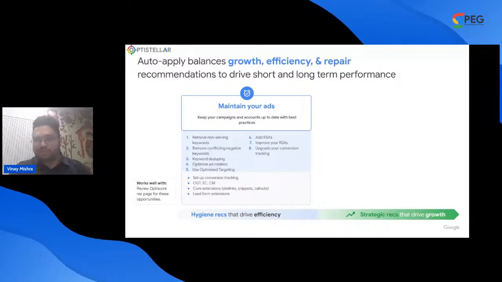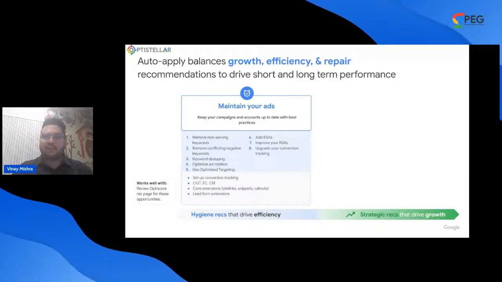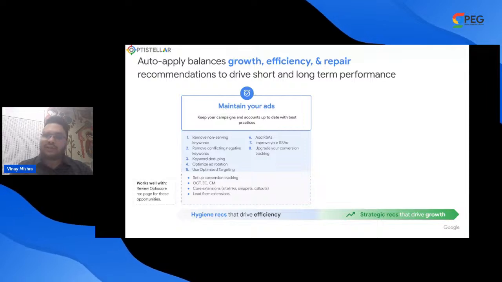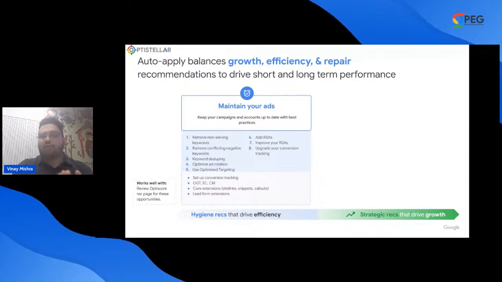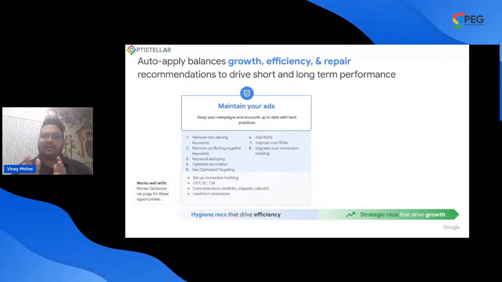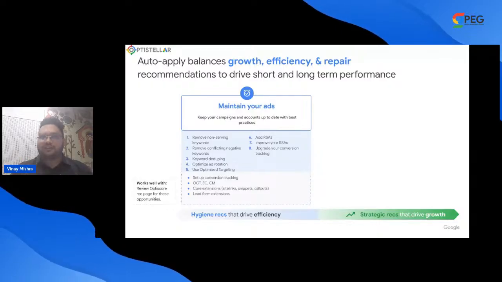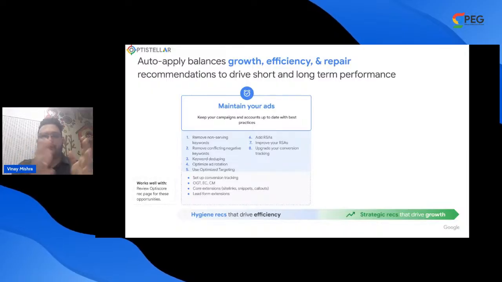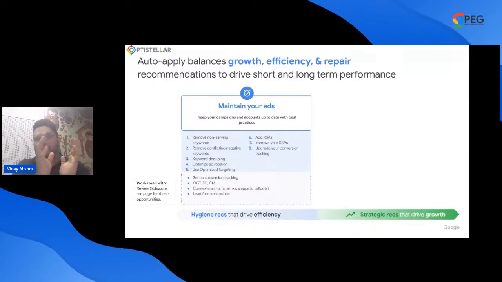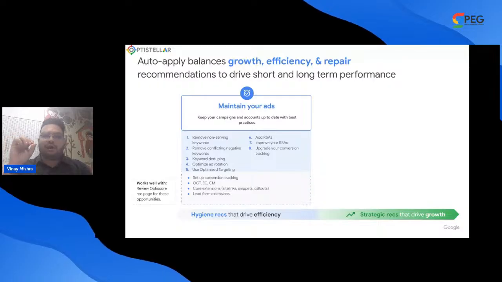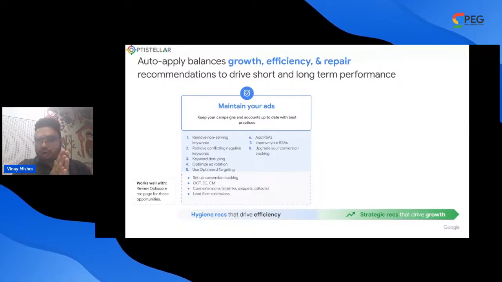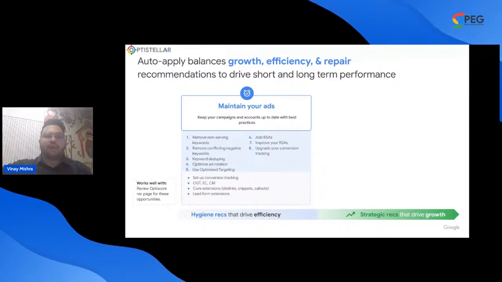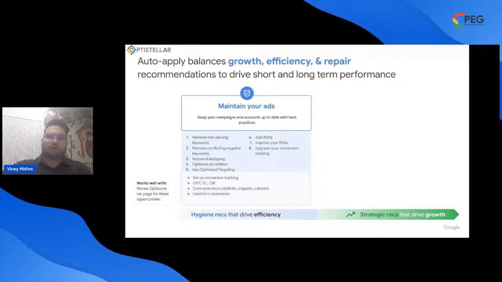So as we have been speaking about a lot of auto apply goals, at the same time, as we know, this is going to help you channelize and see what the shift in the market is. For example, there is a budget. I'm giving an example that, let's say, there is a recommendation that says, hey, look, you've been using a $100 per day budget, and there are chances that you can go beyond and increase this budget to capture more traffic.